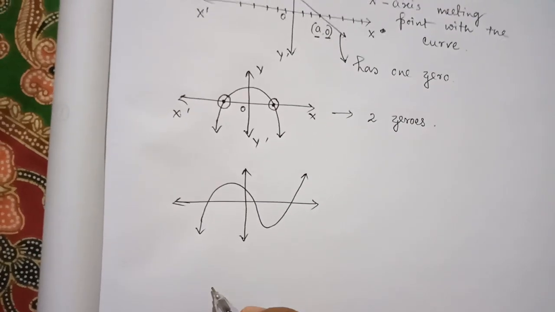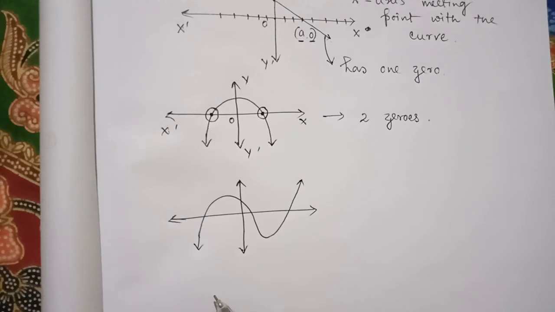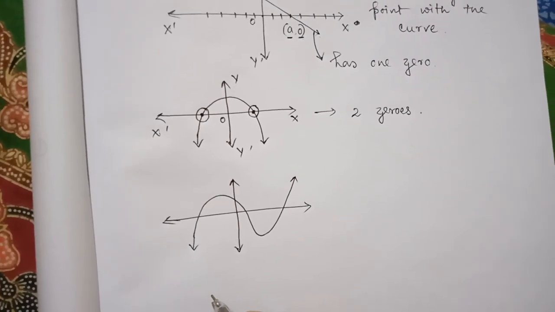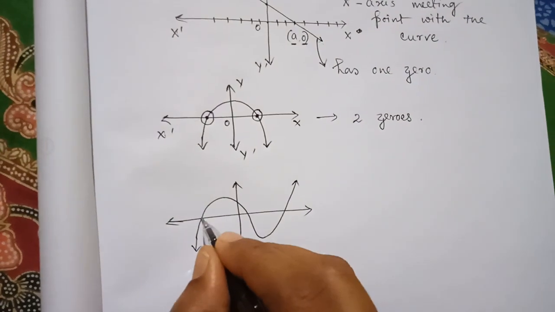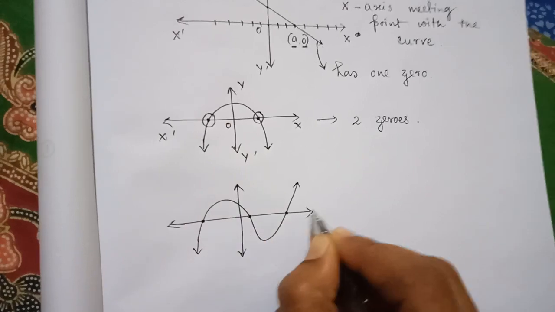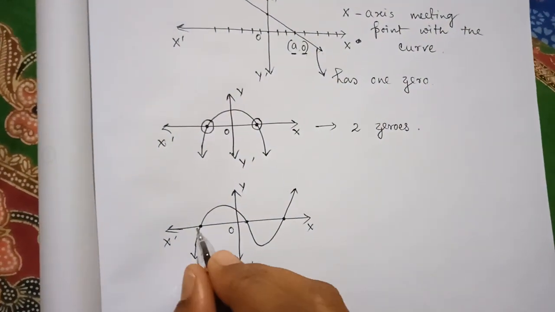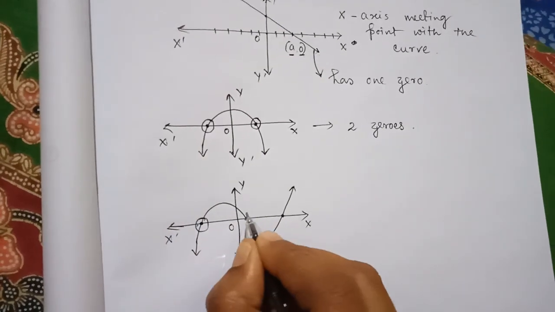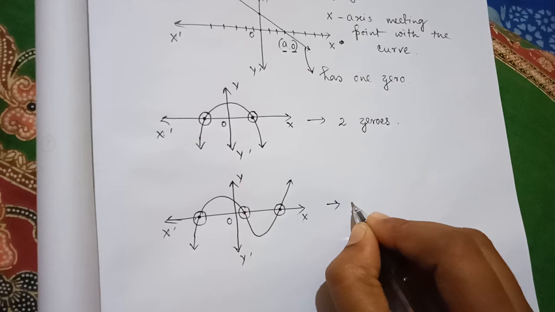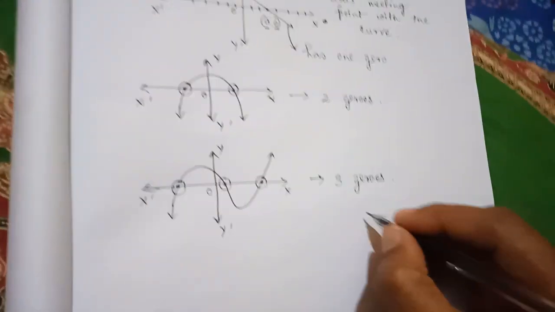How many? I think everybody can answer. I'm just giving you a few seconds to think about it. Okay, I'm now giving you the answer. There are 3 meeting points with x-axis, 1, 2, 3. That means 3 zeros. Clear up to it?